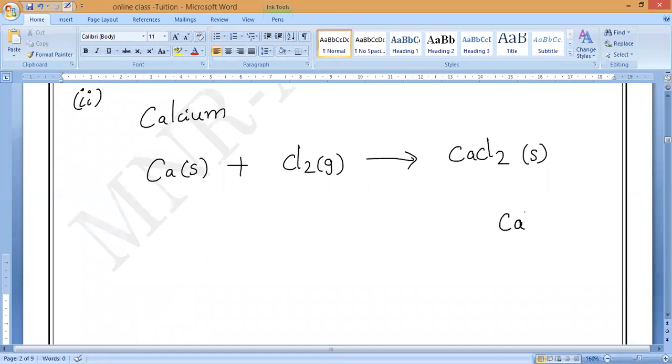CaCl2. Calcium is plus 2, chlorine is minus 1. While exchanging, we get CaCl2. I hope it is balanced already, so one only. That is what you have to remember.